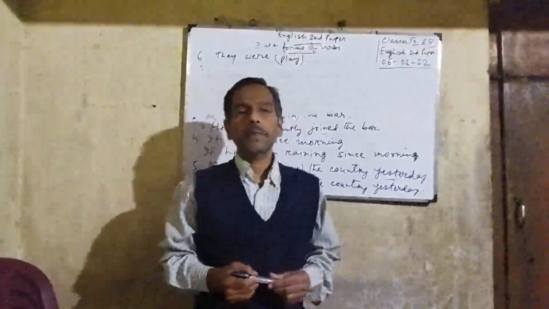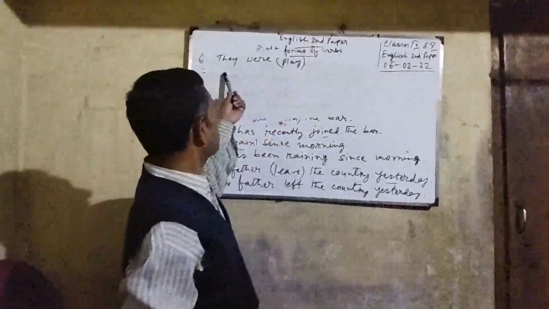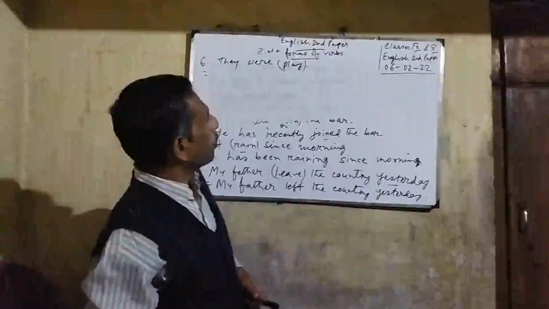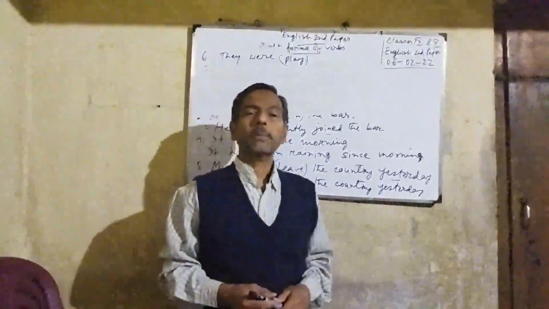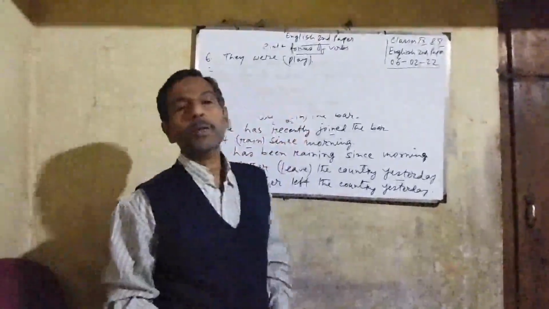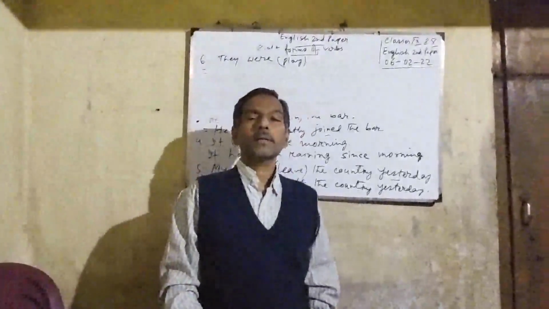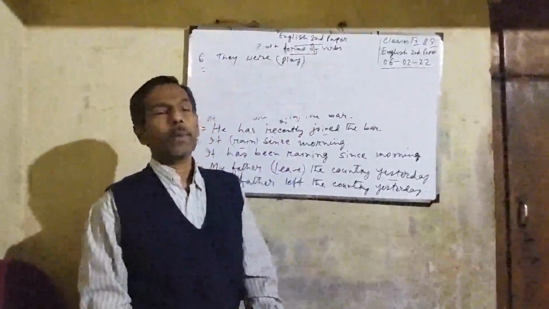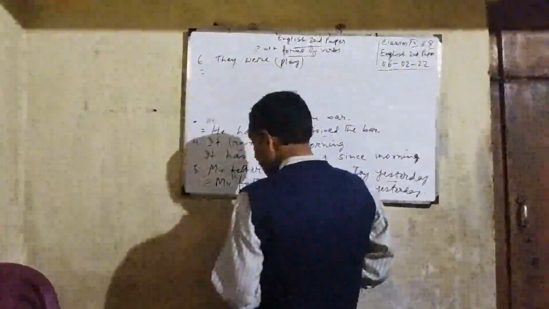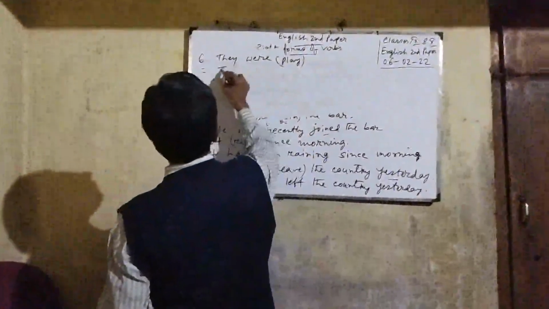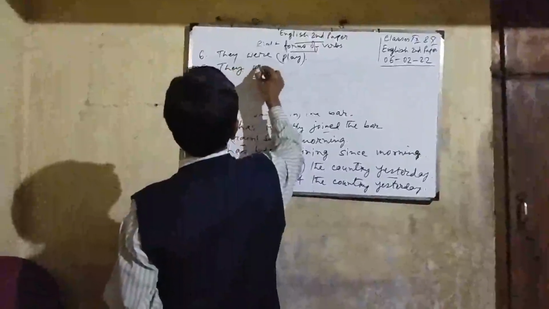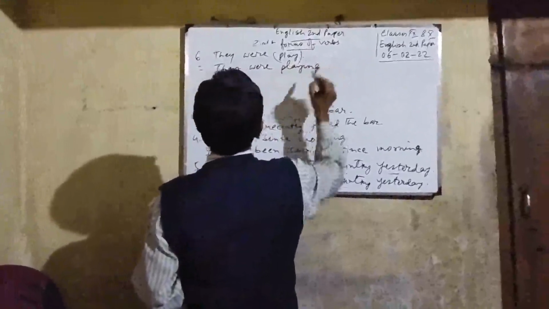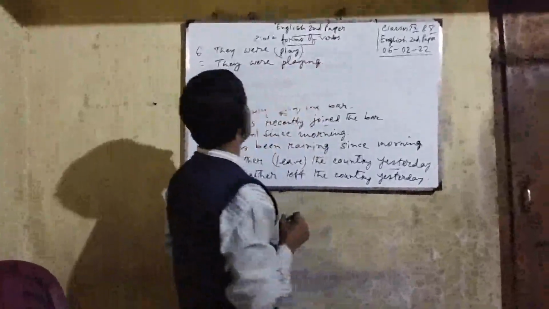In this sentence we see subject, then were, so the verb will be ing form, that is past continuous tense. We know that the structure of past continuous tense is subject, was or were, and then verb plus ing, extension. So we will write here: they were playing, and this is past continuous tense.